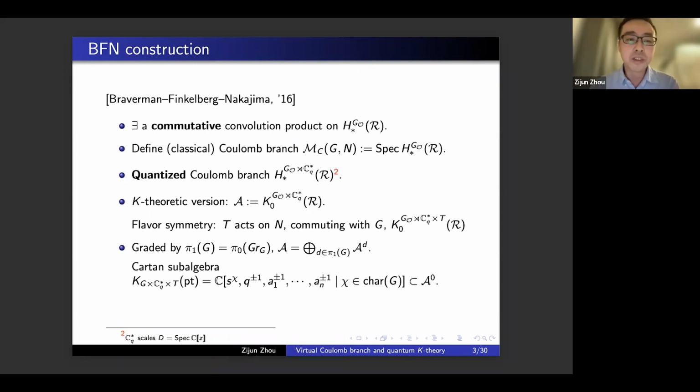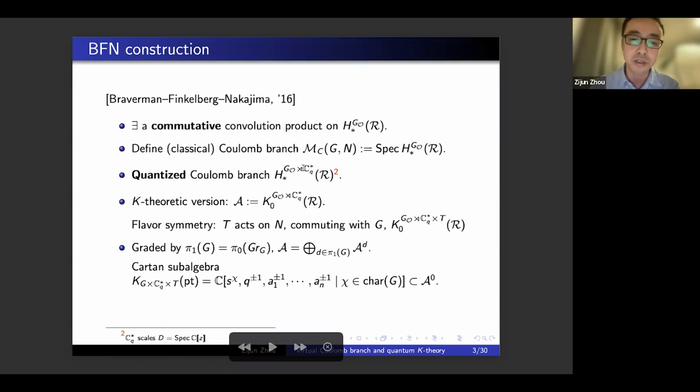And what is amazing about this BFN's construction is that it comes with a natural quantization. So if you consider the G[[z]] times C star q equivariant homology, where the C star q here is the one-dimensional torus which scales the formal disk. This q is an equivariant parameter which I will use later.